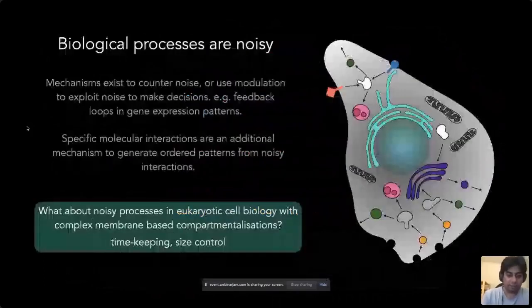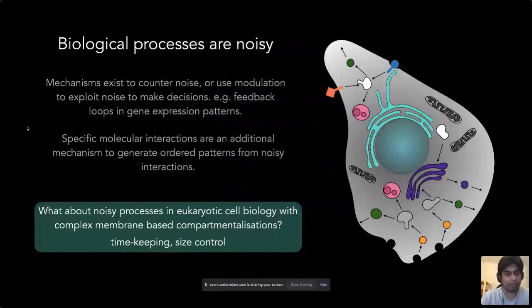One of the frameworks that we use to study these kinds of processes is noise. Biology is full of noise. There are various factors which give rise to noise in living systems. The most well-known is in gene expression patterns, where you can see that a lot of feedback loops exist to suppress noise.